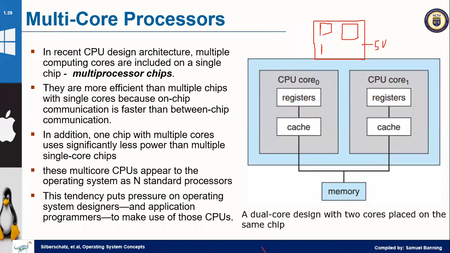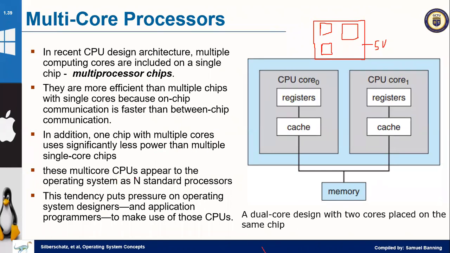If you have 3 CPUs, you still have the chip consuming only 5 volts. So they are more efficient than multiple chips with single cores, because on-chip communication is faster. In addition, one chip with multiple cores usually uses significantly less power than multiple chips, like I have told you.